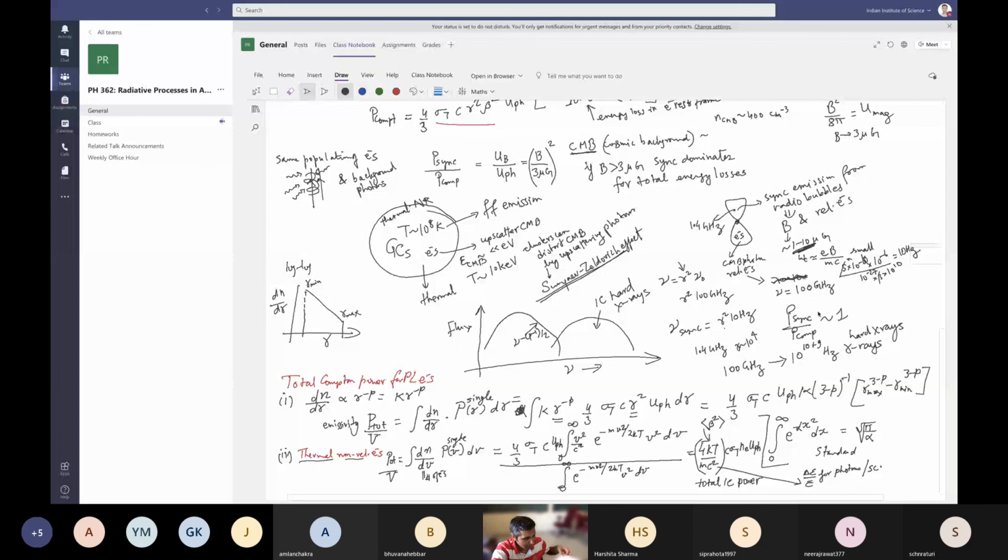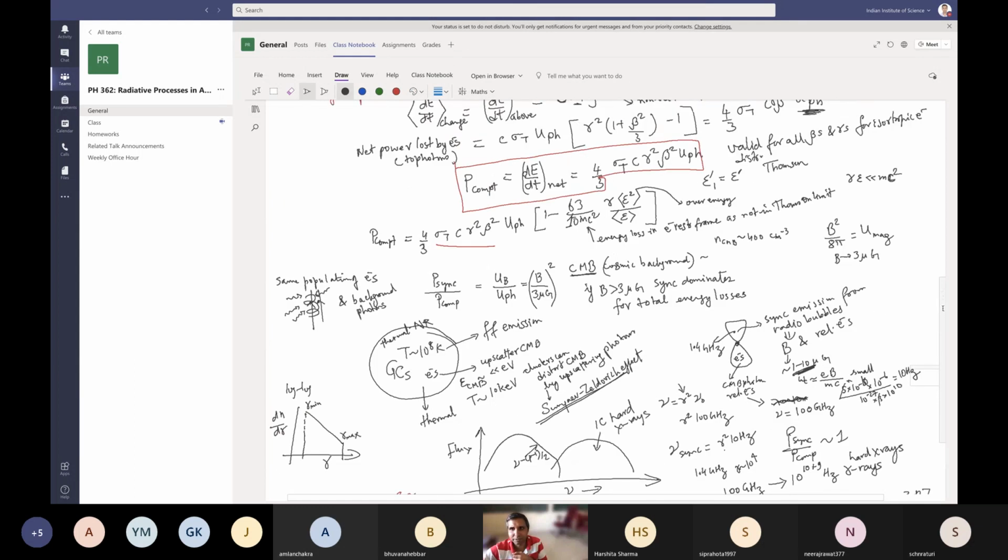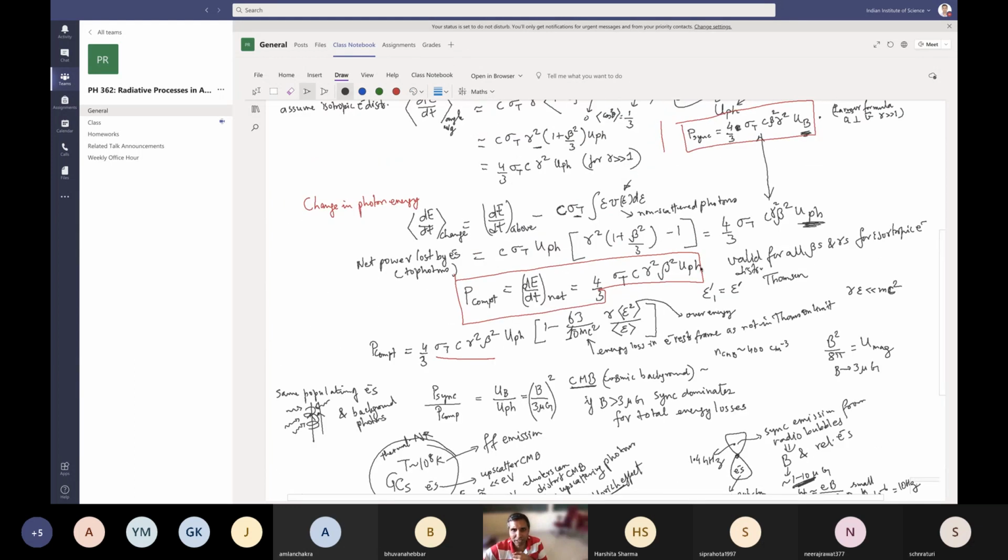Next time we will move further and see what we can say about the spectrum. In fact, there is a very close analogy between the spectrum of the inverse Compton scattered photons and the synchrotron photons. They follow very similar qualitative behavior. Not only does the total power formula look very similar, but even the spectrum is qualitatively very similar.